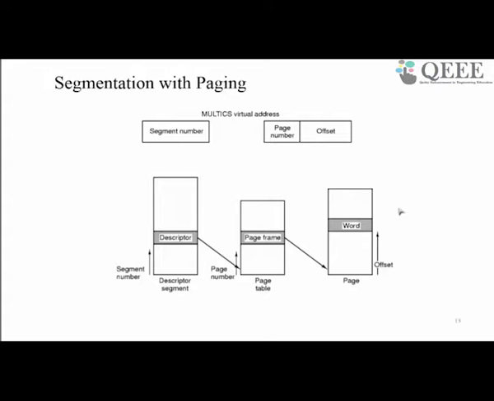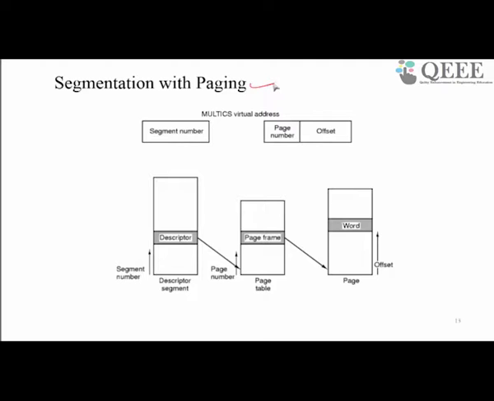So to avoid this, we can use the advantages of segmentation and paged memory management together, and thereby we get what is called segmentation with paging, wherein we divide the entire virtual address space into units called segments.